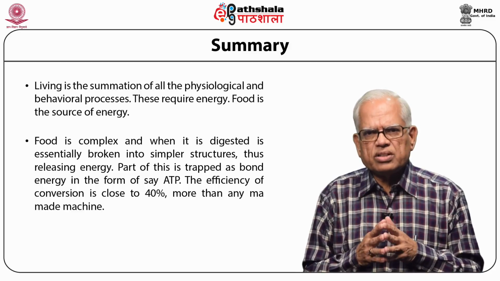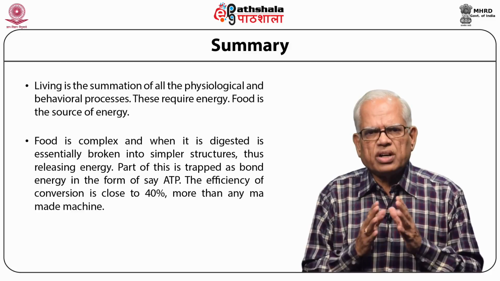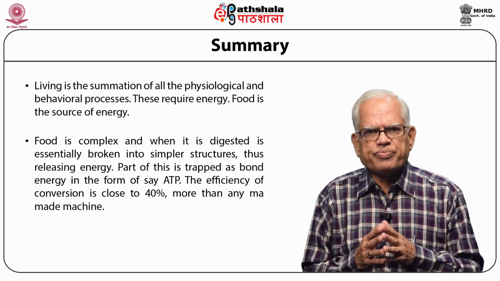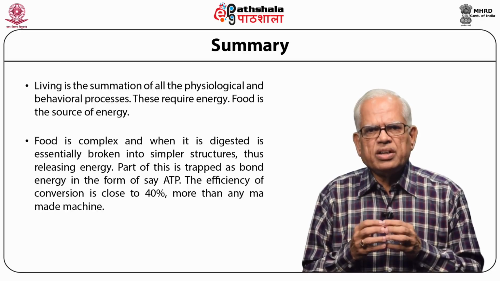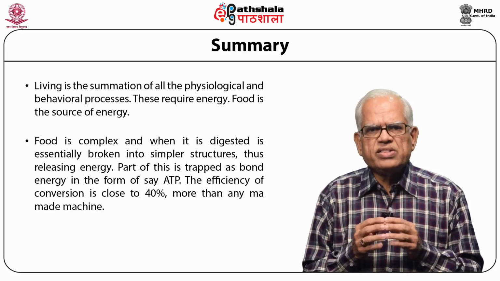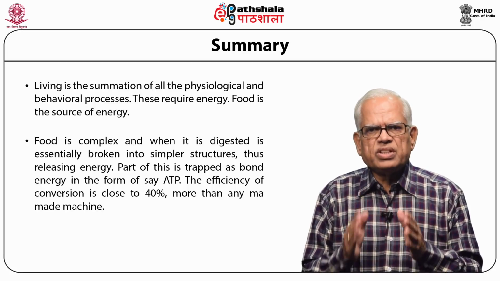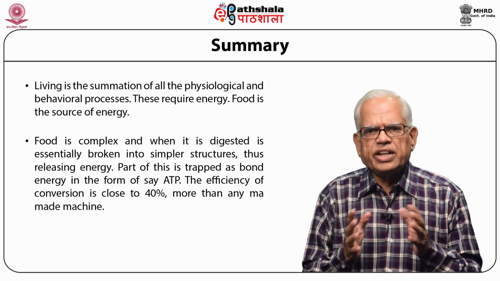Energy for living organisms is mostly metabolic energy in the form of high energy chemical compounds. Food is complex, and when it is digested it is broken into simpler structures, thus releasing energy. Part of this is trapped as bond energy in the form of, say, ATP.